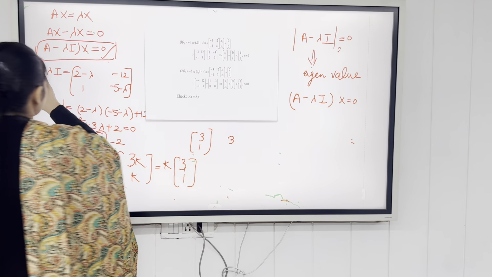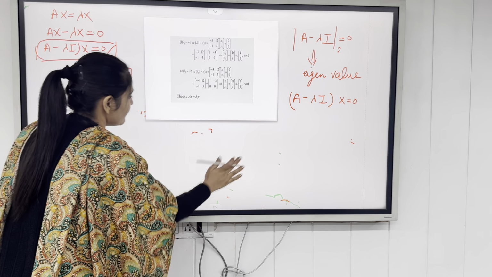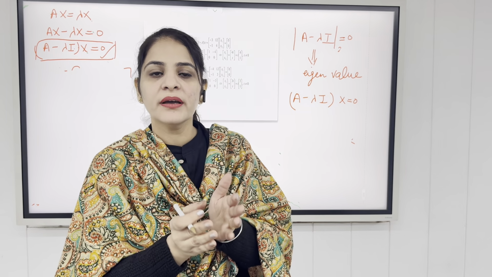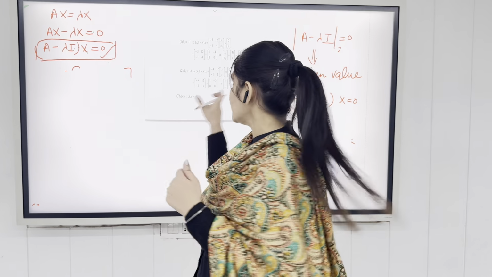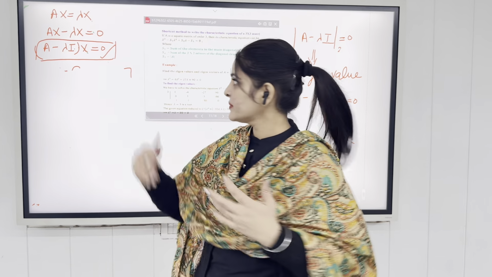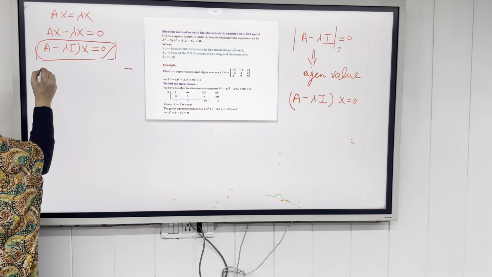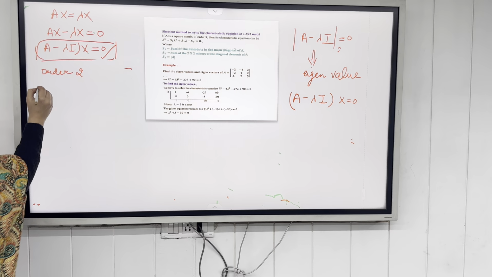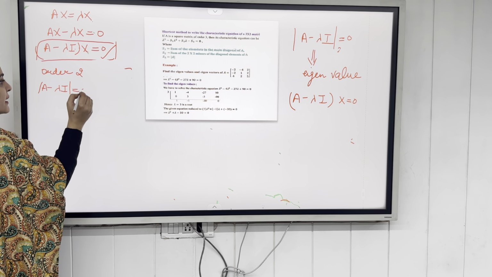There is another shortcut to find the characteristic equation. Sometimes it happens once we are having a determinant of order 3 or of order 4, then a student finds difficulty in calculating the determinant. So there is another way to calculate the characteristic equation. If we are having a matrix of order 2, one method is determinant of A minus lambda equal to 0.